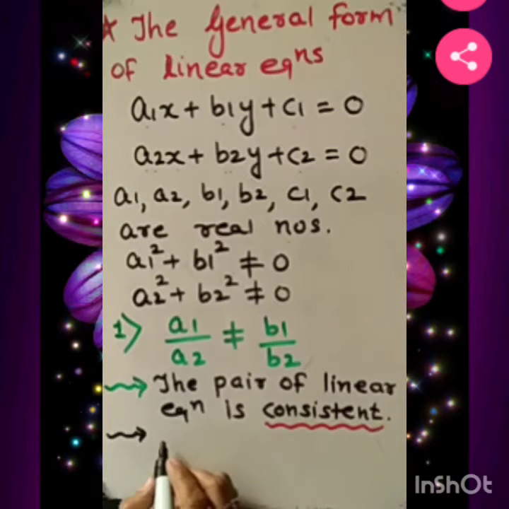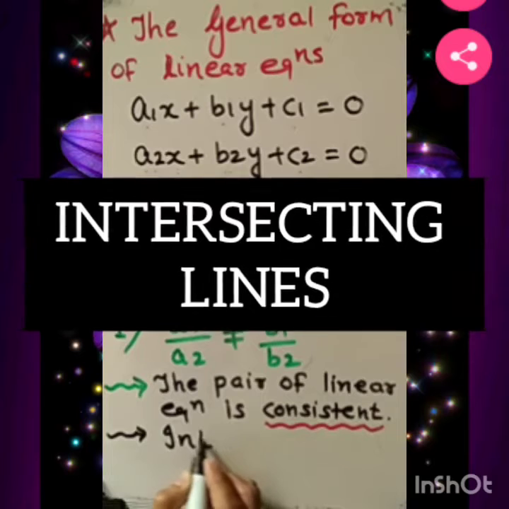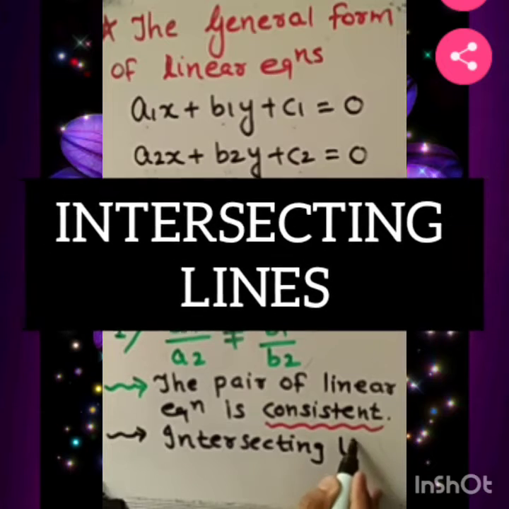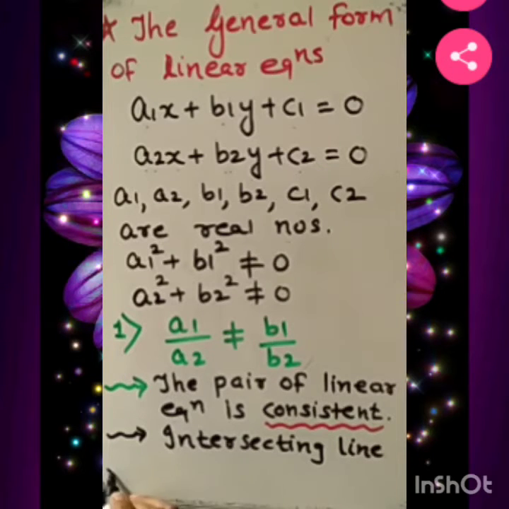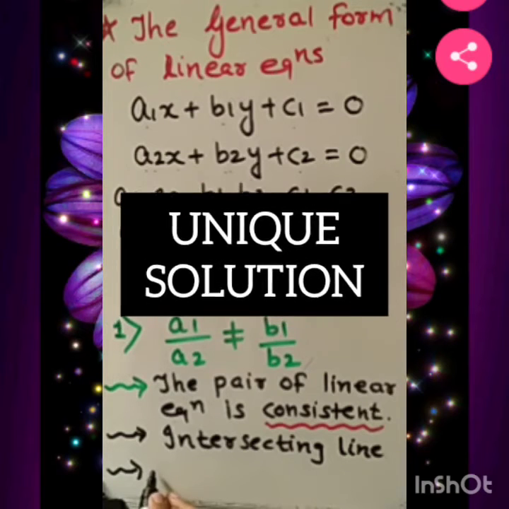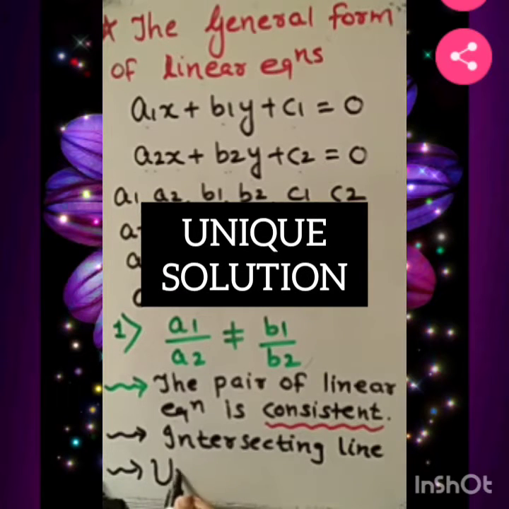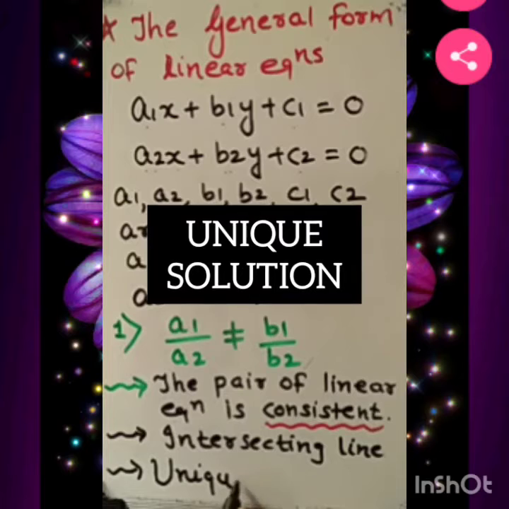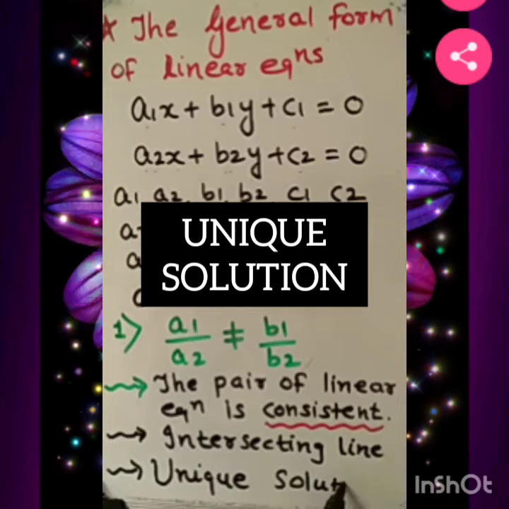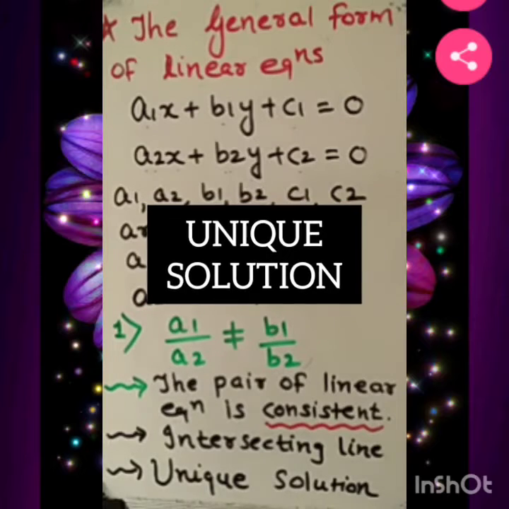First you need to write intersecting line. The result is intersecting line. For consistent, intersecting line, and one more result you need to write, it has unique solution. Equation will have unique solution. These three things we need to keep in a mind.